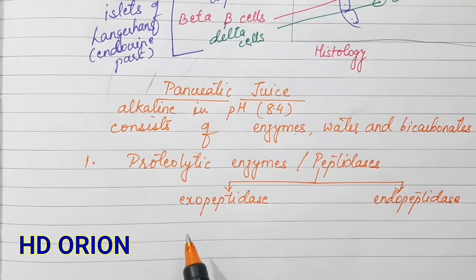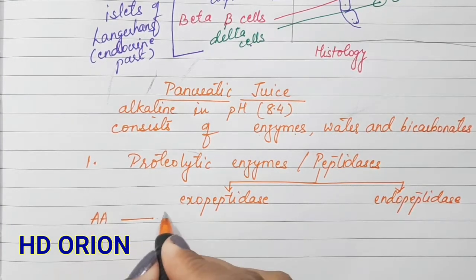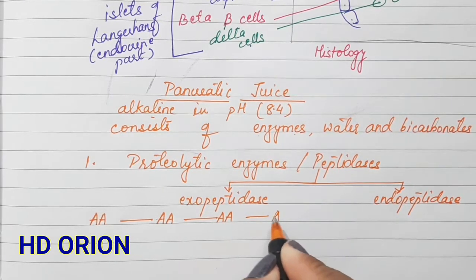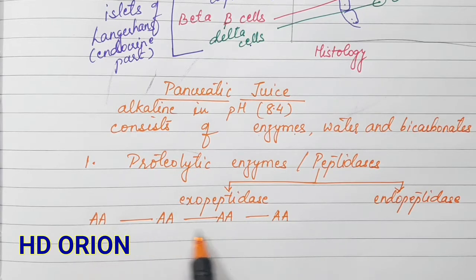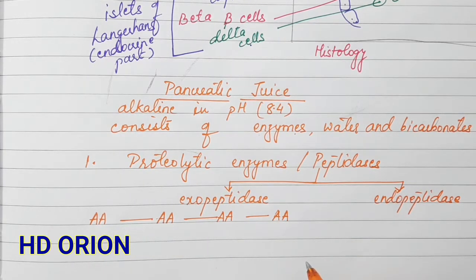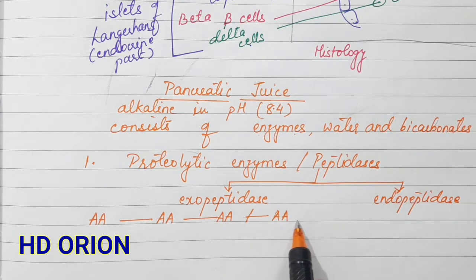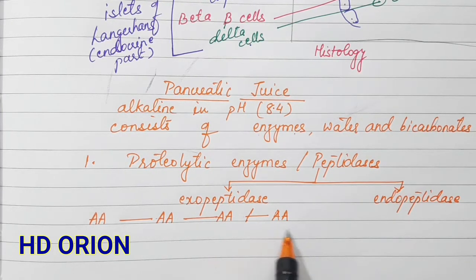What are actually proteins? The proteins are long polypeptide chains. So I have made 4 amino acids over here. So let me call this as a polypeptide chain. Now the exopeptidase will act on the last bond or the terminal bond and will dissociate one amino acid from the terminal region, and therefore the amino acids are released.